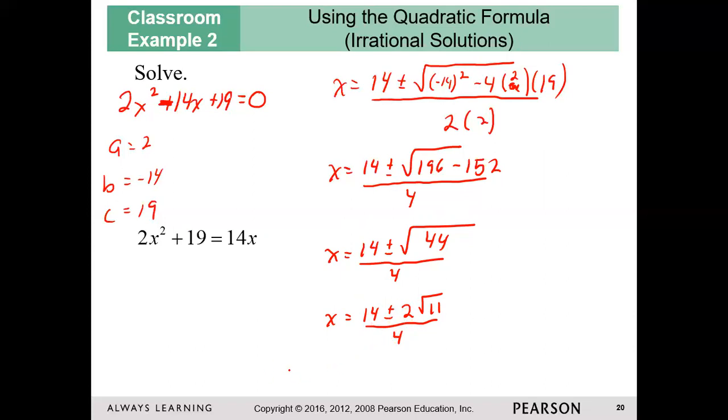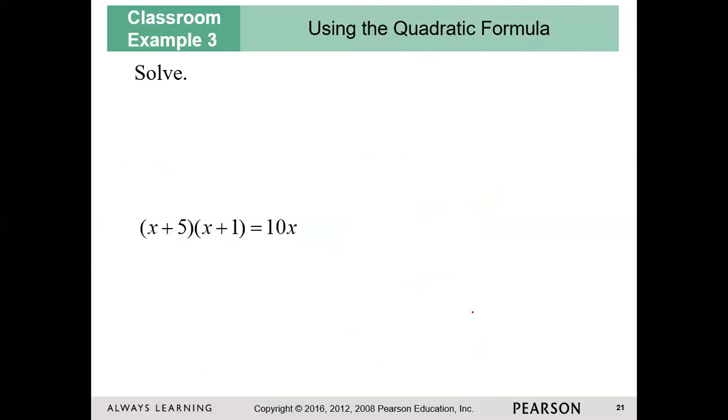So we'll have 2 answers. x equals 7 plus radical 11 over 2, because I've just divided out 2 from everything, and then x equals 7 minus radical 11 over 2. So there's our final answer with the 2 solutions here. They're both irrational because, of course, the square root of 11 is an irrational number.